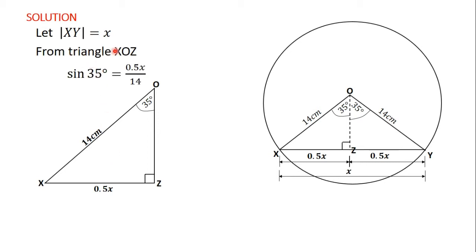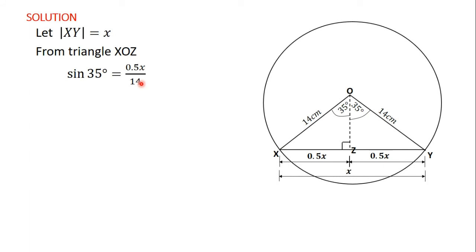So we have opposite and we have the hypotenuse. We know that from the triangle XOZ, we can say that sine 35 degrees is equal to opposite, which is 0.5x, divided by hypotenuse, which is 14 centimeters. Okay, so to find x, I'll multiply the left-hand side by 14 and multiply the right-hand side by 14.